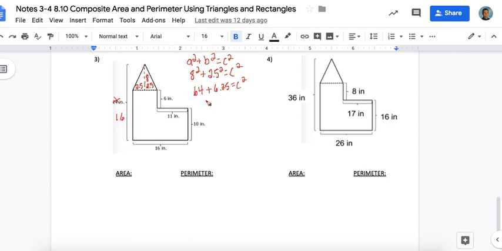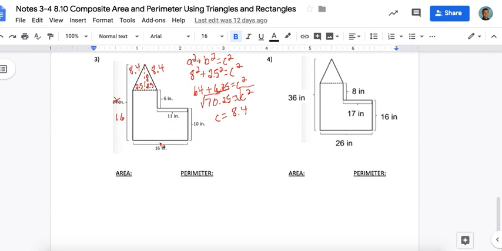And when I add those up, I get 70.25 equals c squared. And remember, the opposite of squaring something is square root. So I'm going to take the square root of 70.25. And I'm going to round to the nearest tenth, so c equals 8.4. So we're going to put 8.4 on both sides.